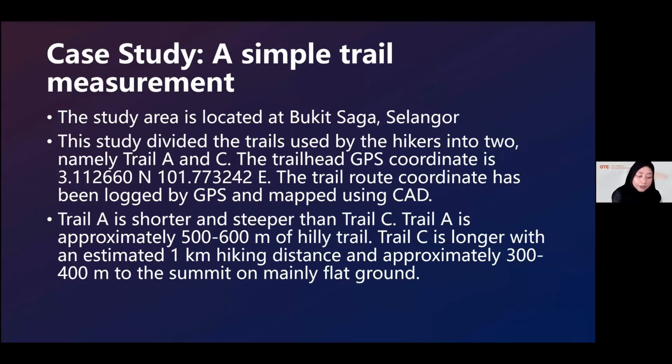So after the analysis, the finding shows that the first trail, trail A, is shorter and steeper than trail C. Trail A has somehow 500 to 600 meters of hilly trail, and trail C is longer, which is estimated at 1 kilometer hiking distance, and the elevation about 300 to 400 meters to the summit on mainly flat ground.